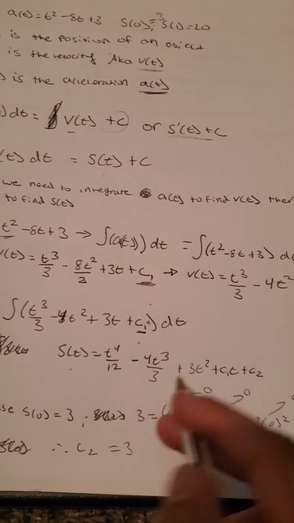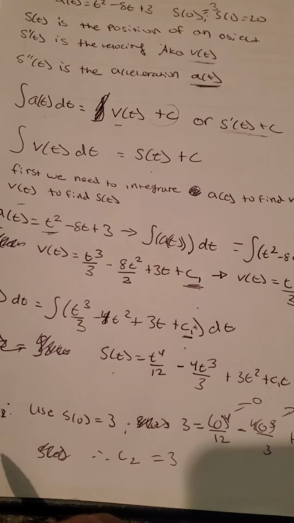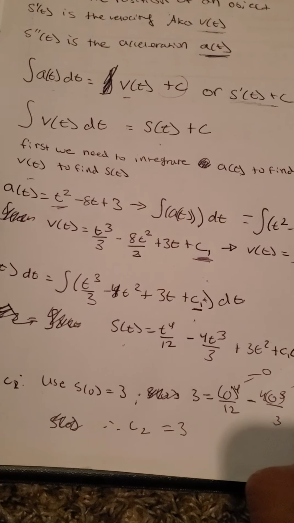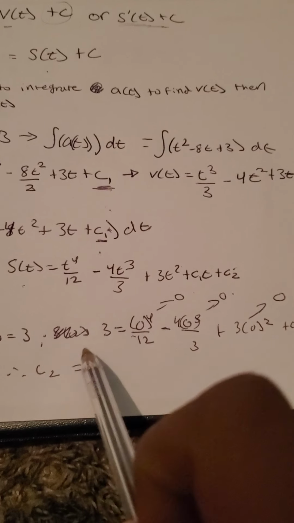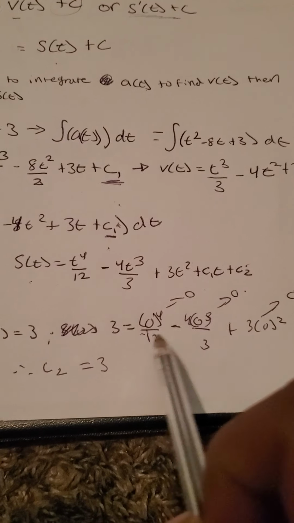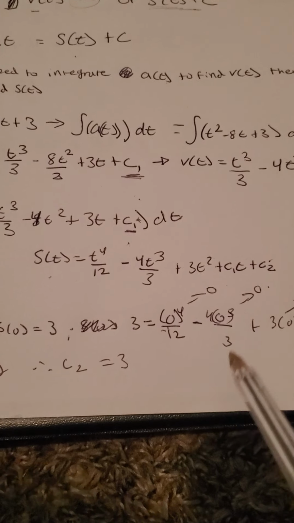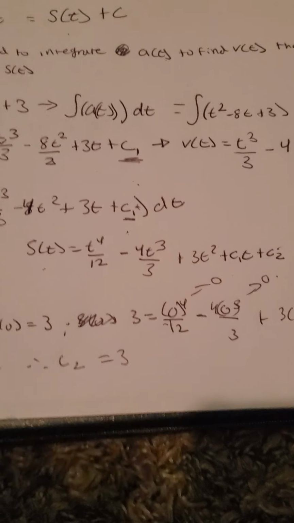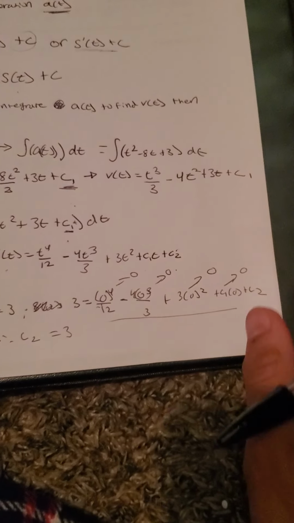Now we need to find c1 and c2. The easiest one to find first is c2, because it's the constant term, using s of 0 is equal to 3. We plug in 0 for all t's. So 3 is equal to 0 to the 4th over 12 minus 4 times 0 cubed over 3 plus 3 times 0 squared plus c1 times 0 plus c2.